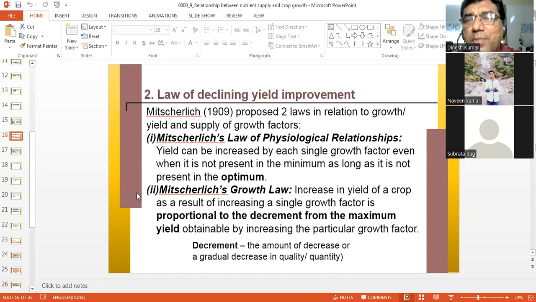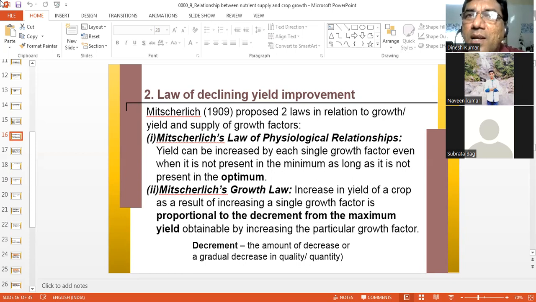Law of diminishing return means initially the growth will improve as you increase the quantity of the growth factor, the yield will increase. But after a certain point, the increase in yield will decline. There will be decrement in the increase.